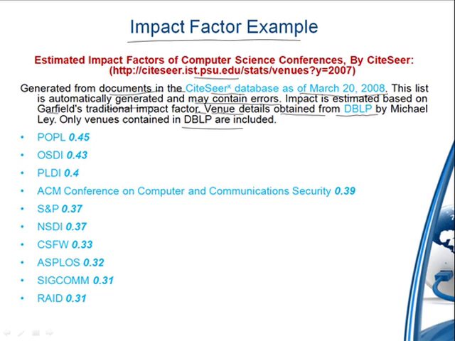Means in the calculation of these impact factors, they use the DBLP database and used previous years' publications like 2006 and 2007 before 2008, and based on their ranking, they order the conferences in descending order of their impact factor values.